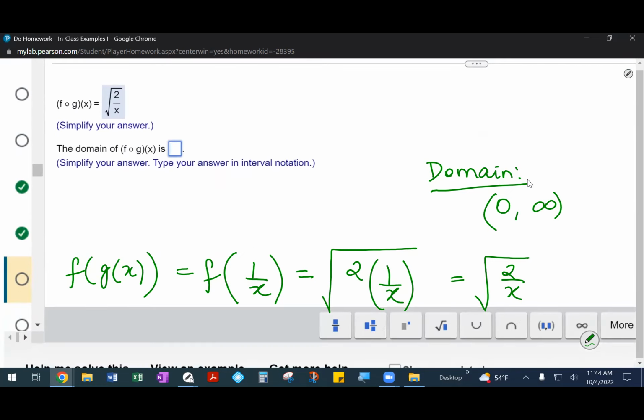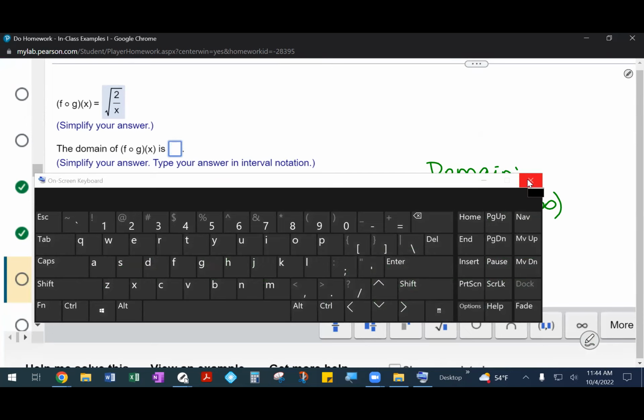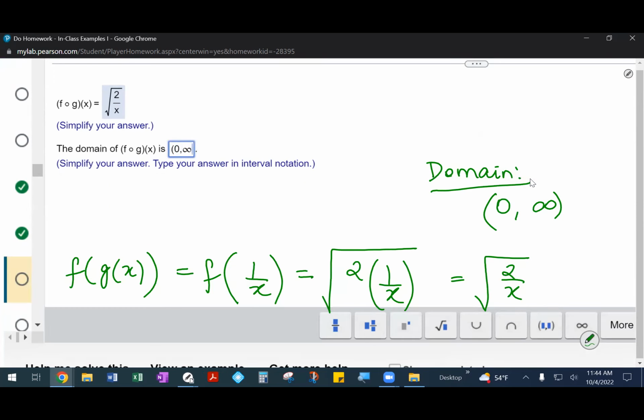So let's do this. This would be parentheses 0, infinity.